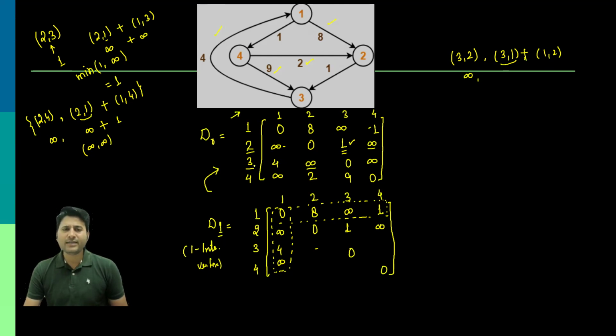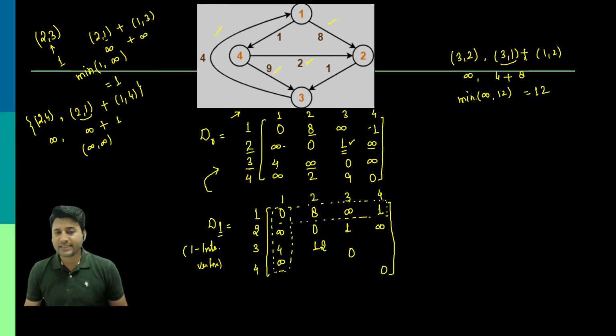What is 3 to 1? 3 to 1 is given as 4 plus 1 to 2 is given as 8. So this gives us infinite comma 12. And what is the minimum of infinite comma 12? It is 12. So this entry comes out as 12. Earlier 3 to 2 is infinite in D0. Over here you can say 3 to 2 is 12 in this matrix.